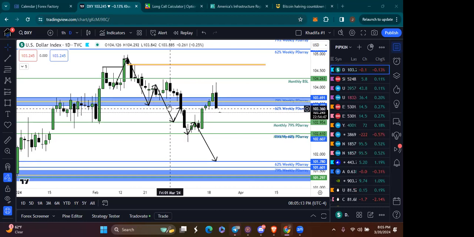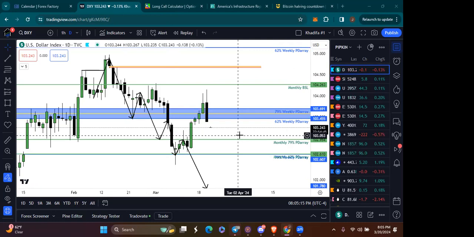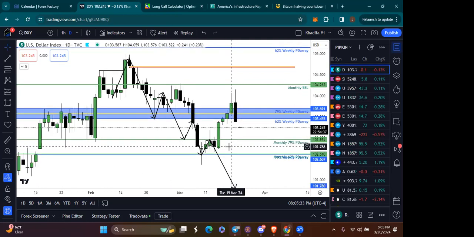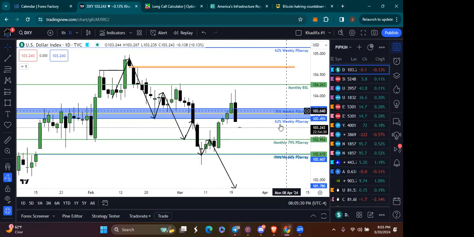So, with that being said, let's jump into it. Looking back at the beginning of the week, I told everybody on the call that I wanted to see how price opened up in regard to the levels that we opened at, within this blue shaded area in between the weekly premium PD array levels.